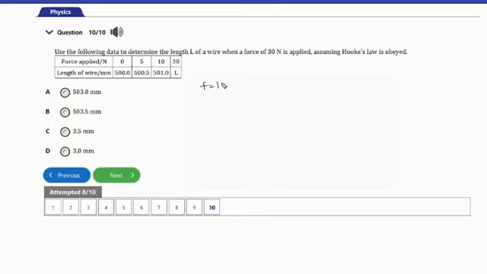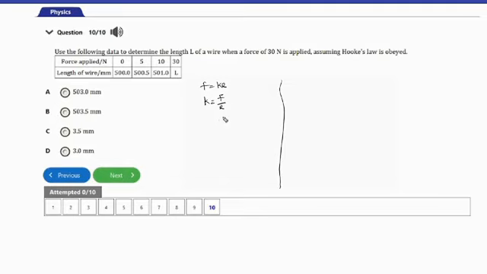So let's recall that F is equal to KE. So if F is equal to KE, then K is equal to F over E. So let's note that here, when there was no force applied, that's when F was 0, the length of the wire was 500 millimeters.